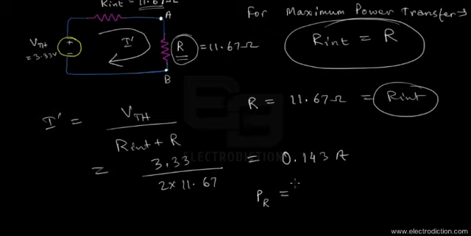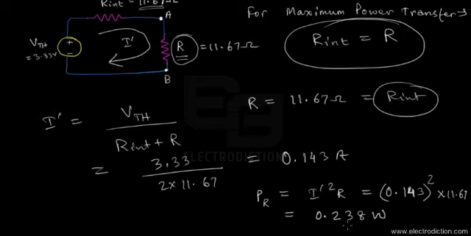The power dissipation across it would be given as I dashed squared times R. Putting in the value of the current flowing through the resistor, 0.143 amps, we take the square of it and multiply it with 11.67 ohms, and that will yield a result of about 0.238 watts approximately, which we could also write as 238 milliwatts.